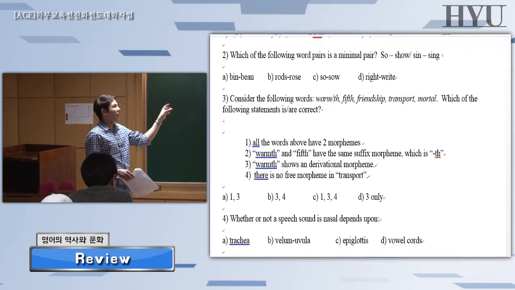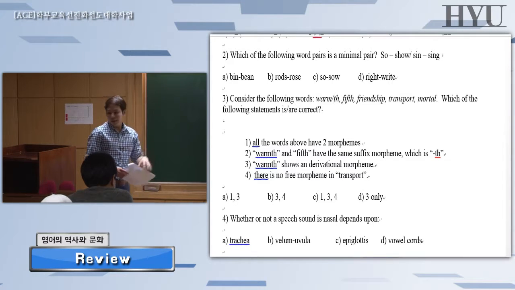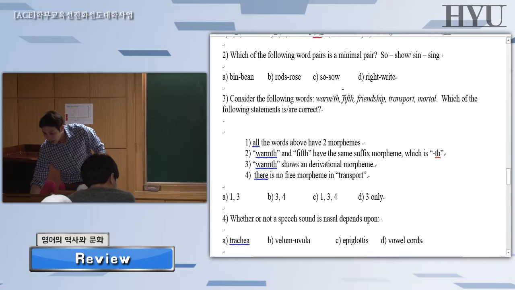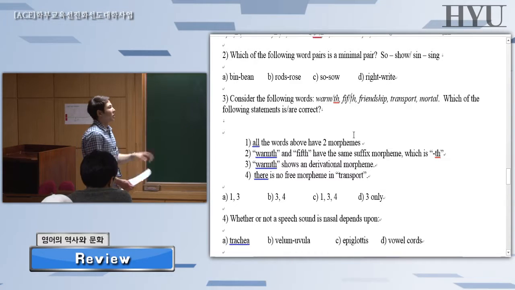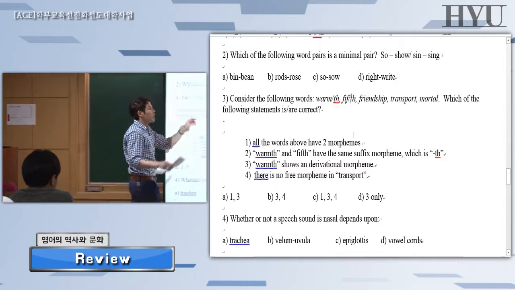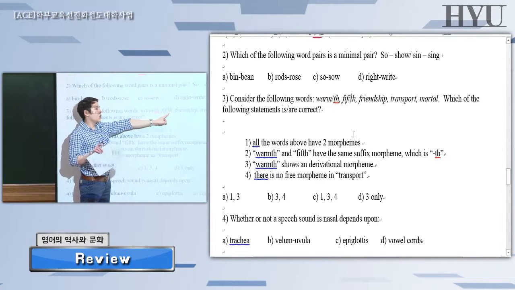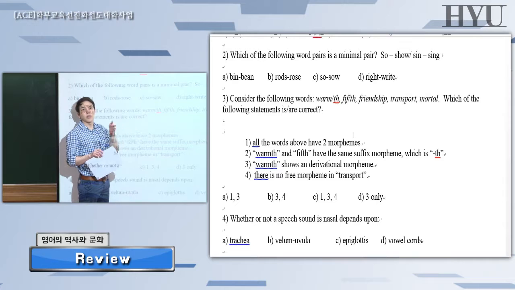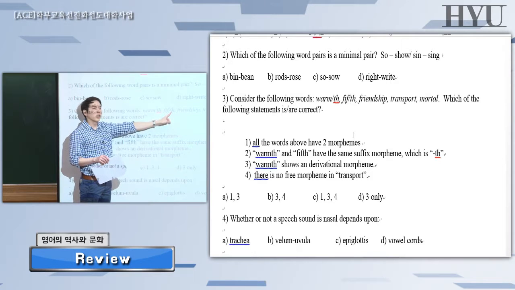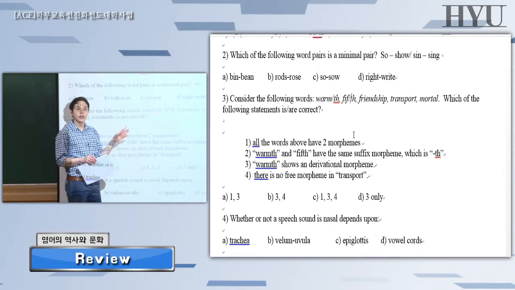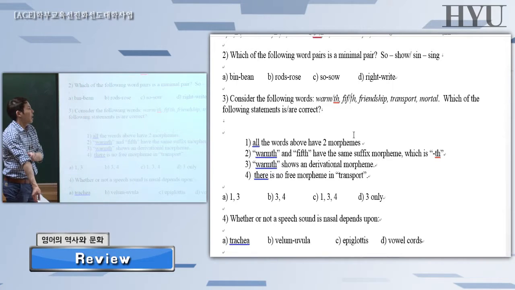So TH here is a nominal suffix, okay? Second word, fifth, so it's five and TH. So this TH here is like the order, right? First, second, third, fourth, fifth. So the order morpheme and the nominal morpheme are not the same, okay?